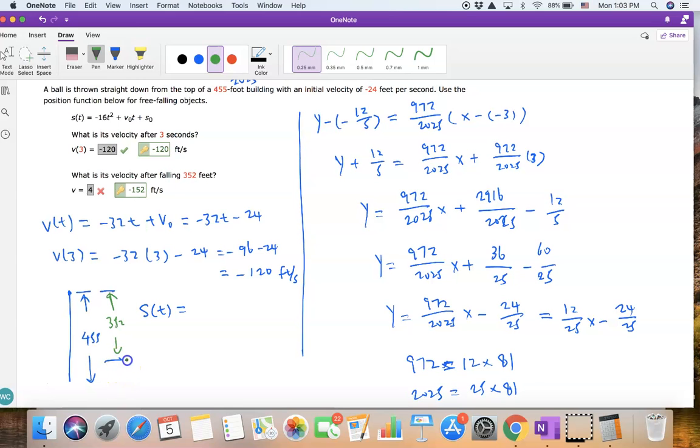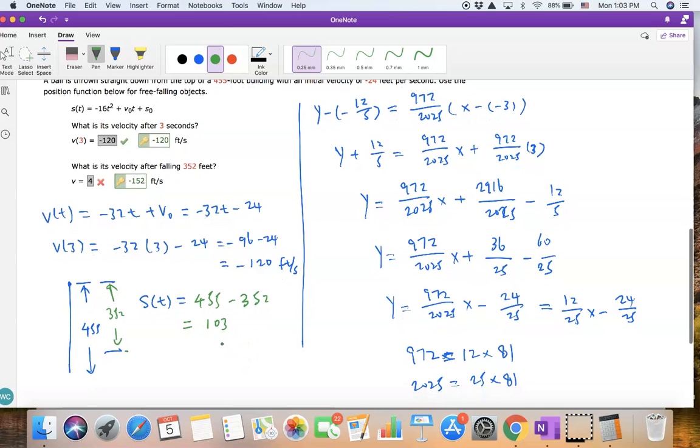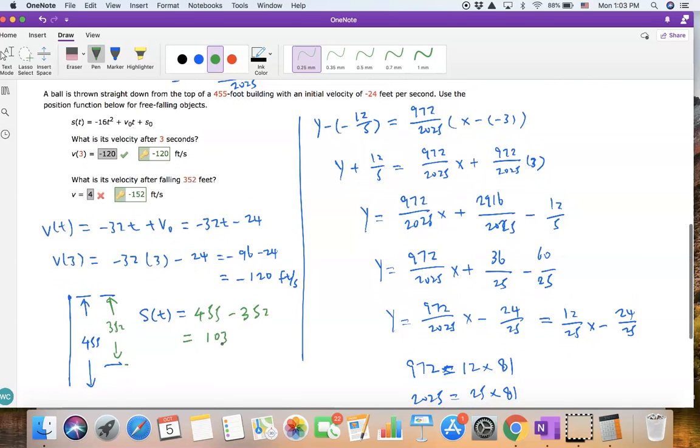Right now the position above the ground level is 455 minus 352. So that's 103, because the position function tells us how far the object is from the ground.